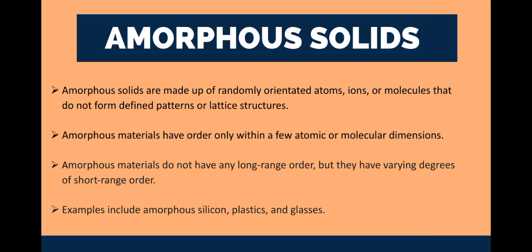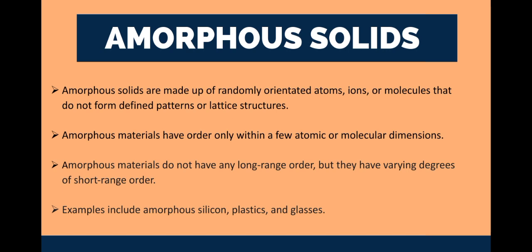In amorphous materials, atoms, ions, or molecules are randomly oriented and do not form specific lattice structures. This randomness in atomic arrangement results in the absence of long-range order, leading to unique properties such as isotropic behavior and lack of cleavage planes.